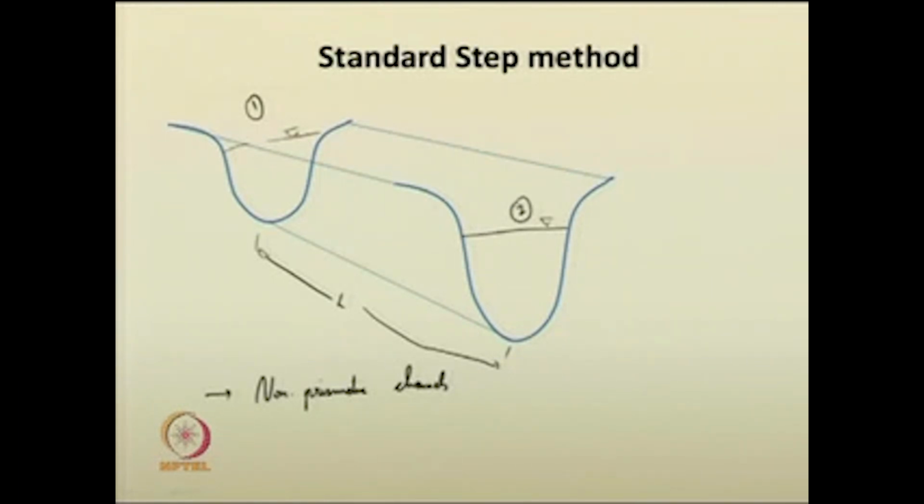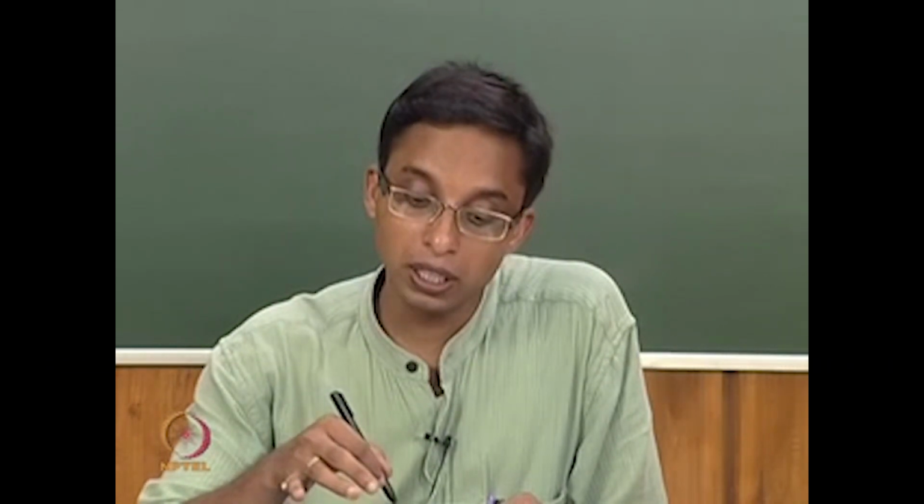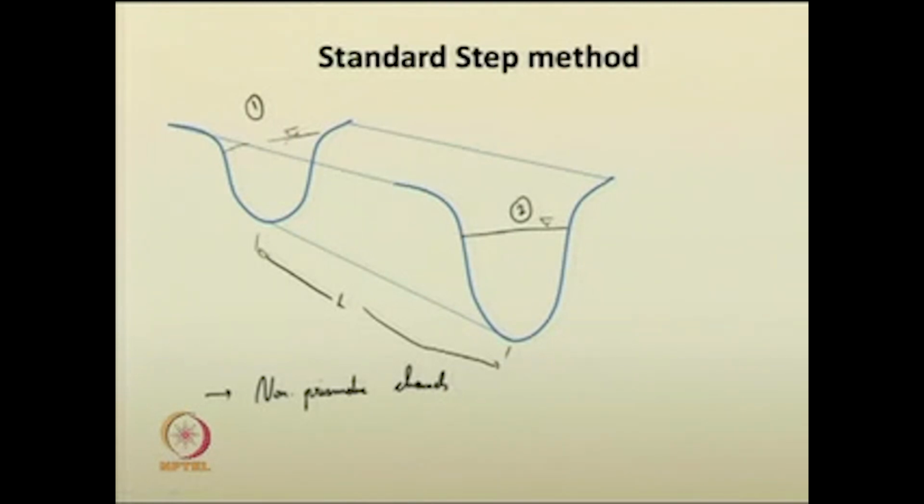Let us assume that the depth of the flow here as well as the velocity of the flow depend not only on the depth of flow, the velocity of the flow depends not only on the depth of the flow, it is also a function of x here, at which location of x it is.